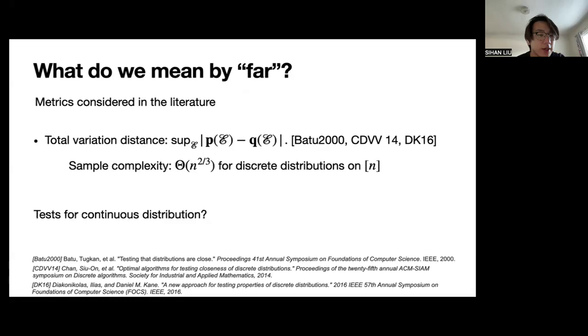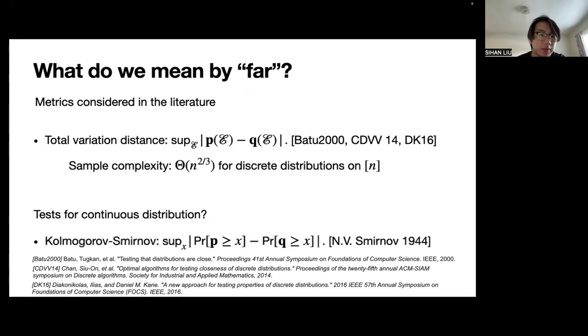However, the approach cannot be easily extended to continuous distributions. Indeed, testing under TV distance becomes obviously impossible, as continuous distributions can be used to simulate discrete distributions with arbitrarily large domain size. In other words, one would need essentially infinitely many samples for the test in the worst case.